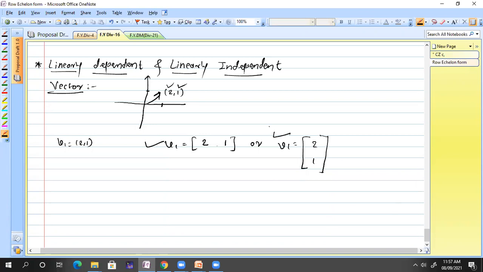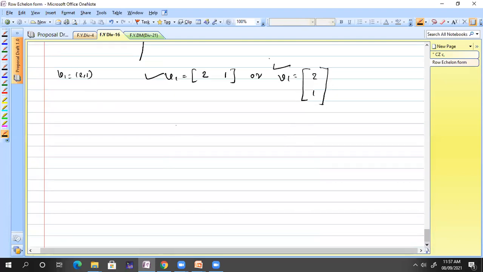Okay. Now let's see linearly dependent and linearly independent. Let's first write down the definition of what is meant by linearly independent.